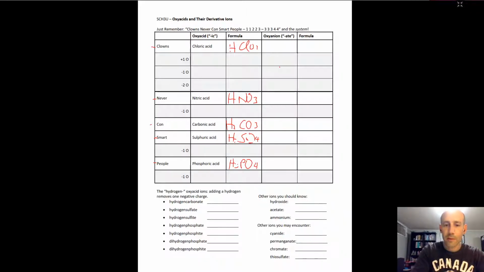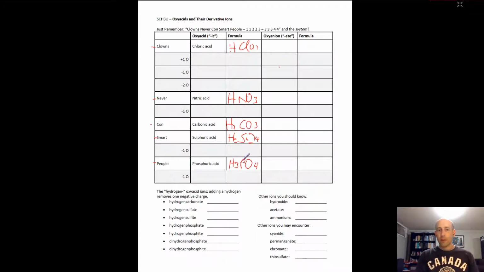Those are oxygens, and that's 2, and this is a 3. So now we have the correct formula for chloric acid, nitric acid, carbonic acid, sulfuric acid, and phosphoric acid.